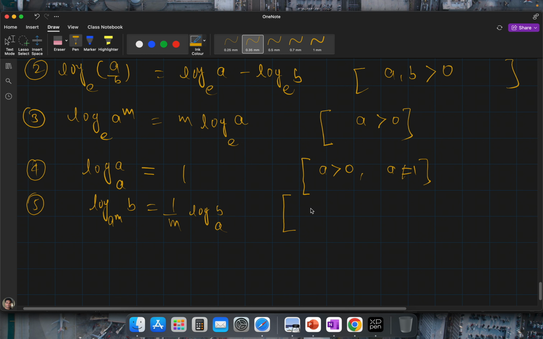No, it's not necessary. m can also be less than 0. m should not be 0. m cannot be equal to 0, because when m becomes 0, this whole quantity will become 1, and here also you can see that m cannot be equal to 0. Fine. And what are other restrictions? b should be greater than 0, and also a cannot be equal to 1, and also a should be greater than 0. Fine.